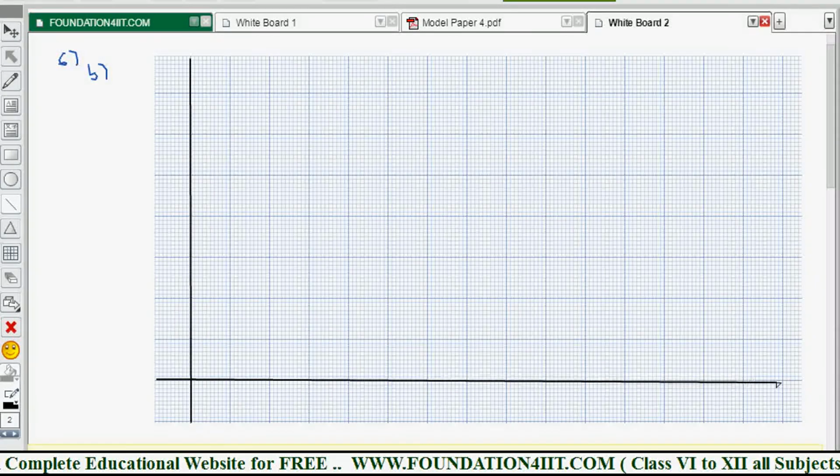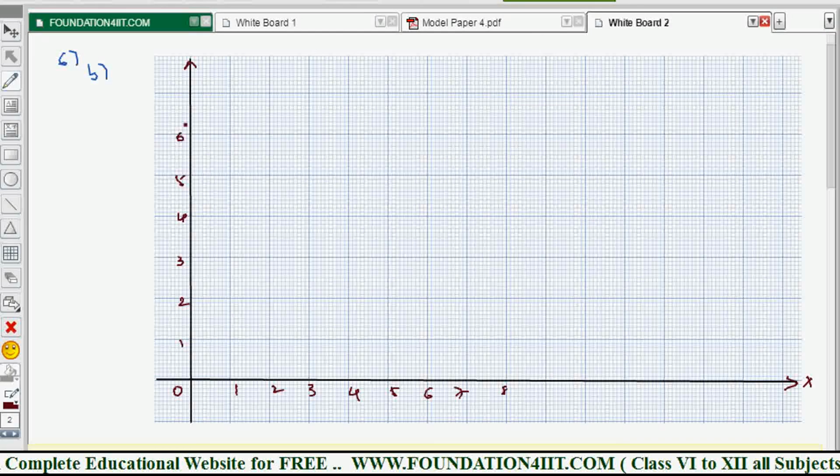Vertical is the y-axis and this horizontal is the x-axis, and plot the points. 0 and 1, 2, 3, 4, 5, 6, 7, 8, and so on. This is the x-axis, and 1 centimeter is 1 unit. So 1 centimeter I am taking. 1, 2, 3, 4, 5, 6, 7, and so on. This is the y-axis. Right.